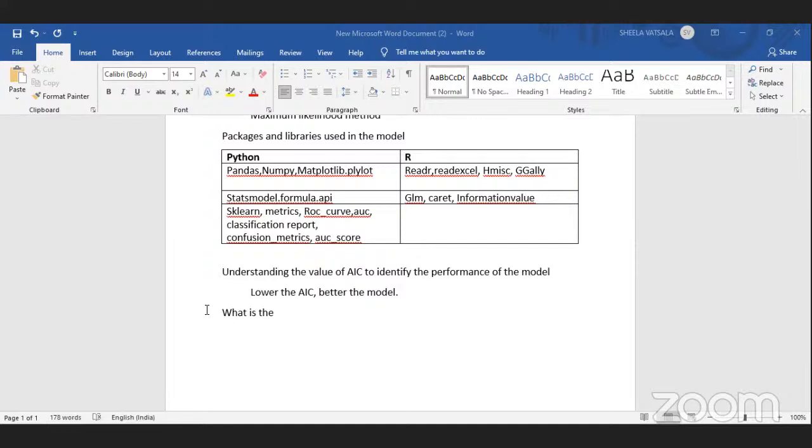Whenever we apply lasso, that is L1, the coefficient of the variable becomes 0. That's how some variables which are not adding much value or significance are removed, and that is done using lasso.